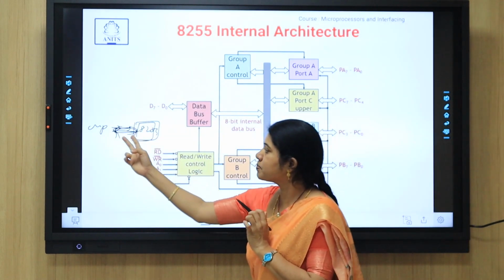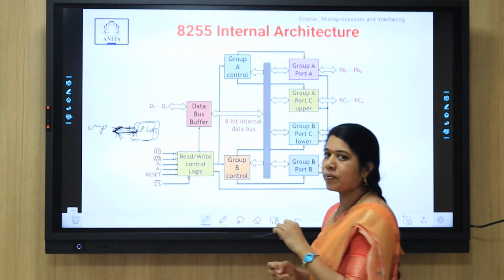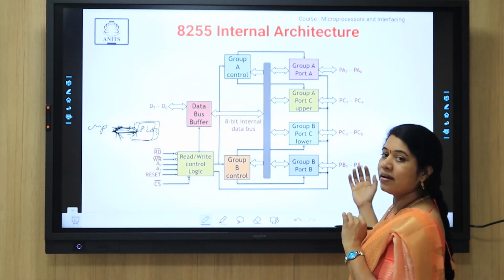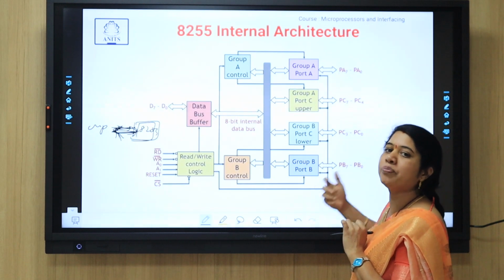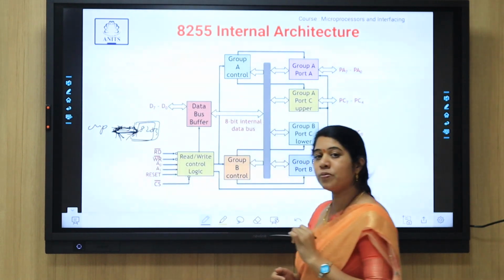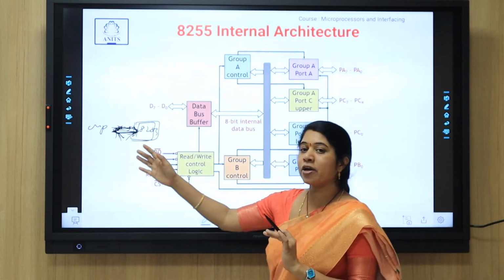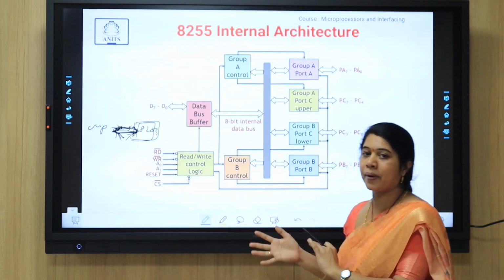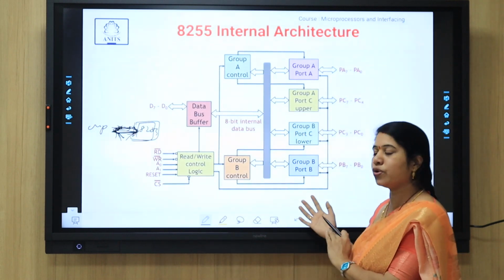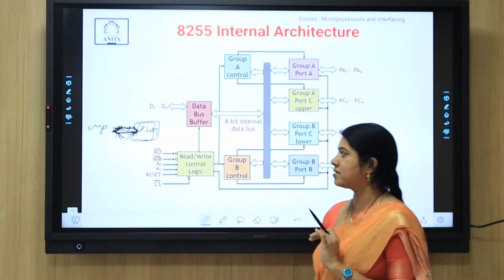Through this data bus buffer, the processor can also perform a read operation, meaning the processor can read information from the input device. This data bus buffer can also be used to send commands to the 8255. Whenever the microprocessor wants to send some command, some control word, to the 8255, that will also be transferred over these D0 to D7 lines.